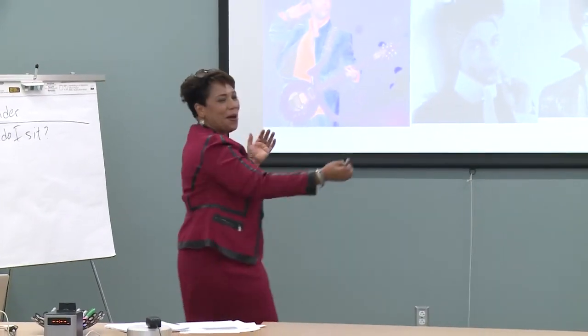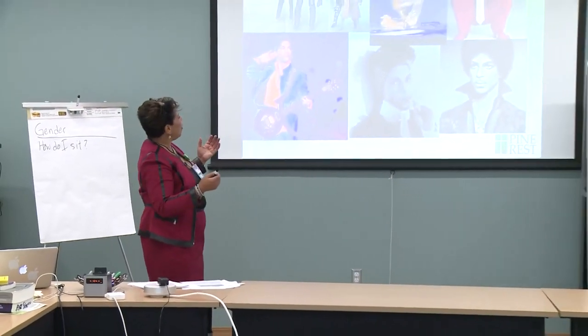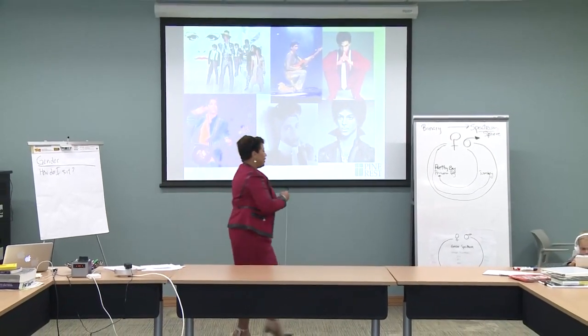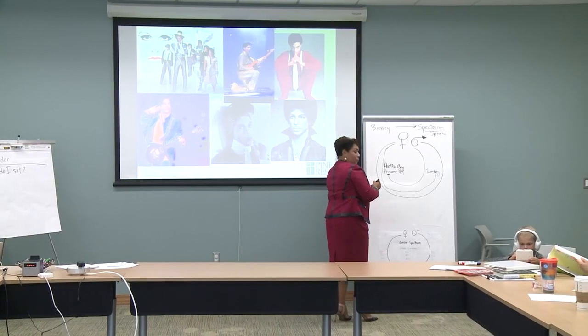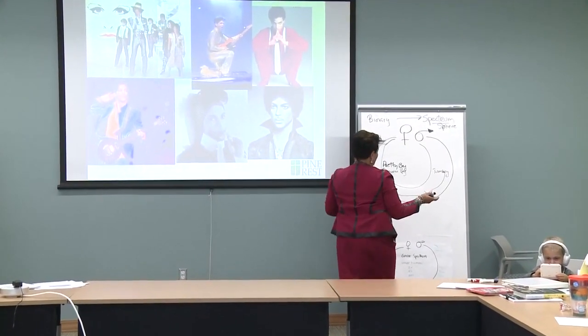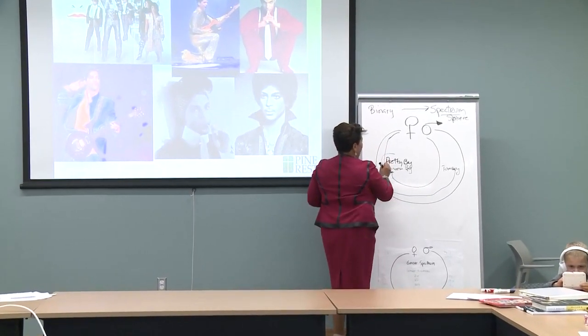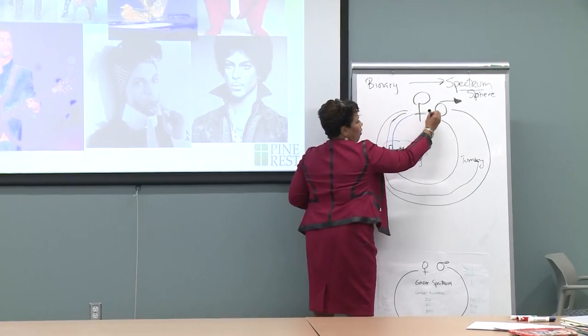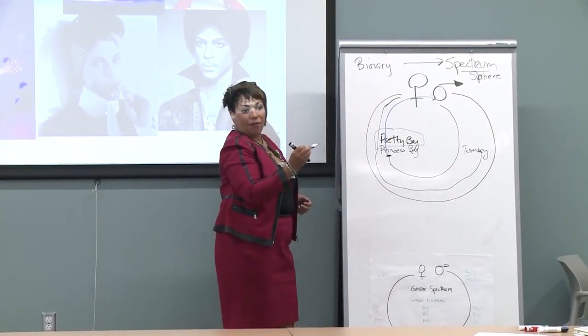Okay, so back in the 80s, there was an artist named Prince, and Prince definitely is a pretty boy, okay? Still is, and he's 50-something years old, and he's still a pretty boy. And I would think that Prince took this gender sphere all the way there, right?